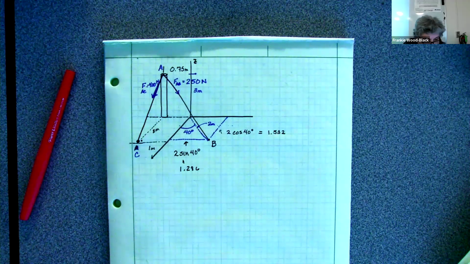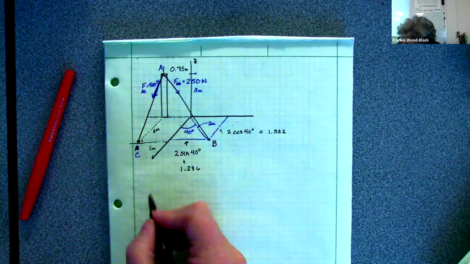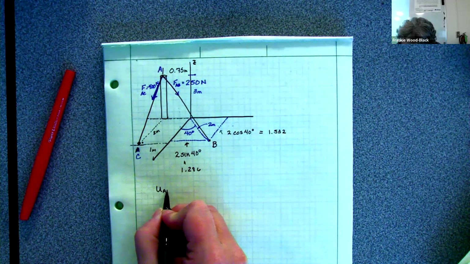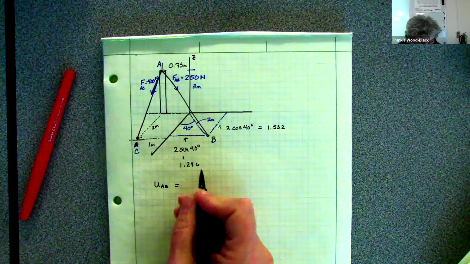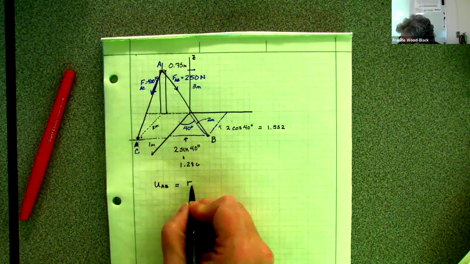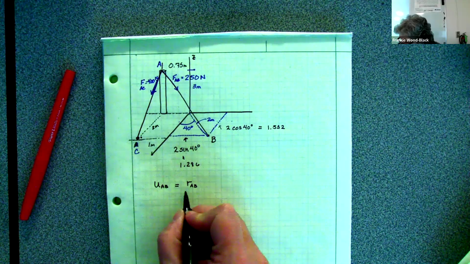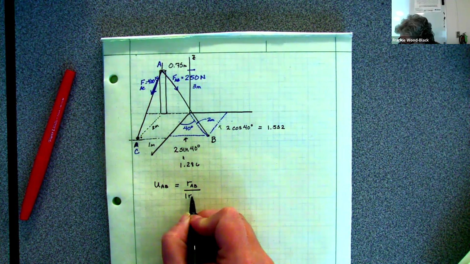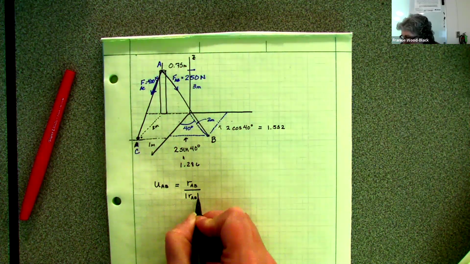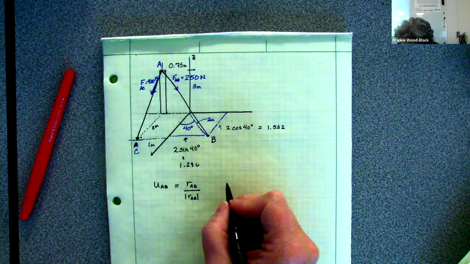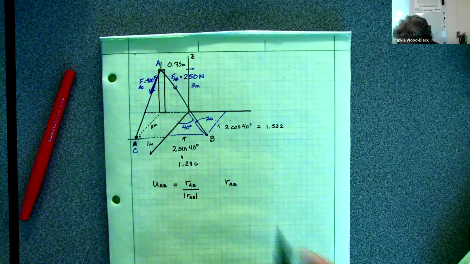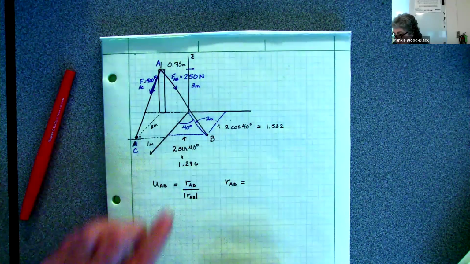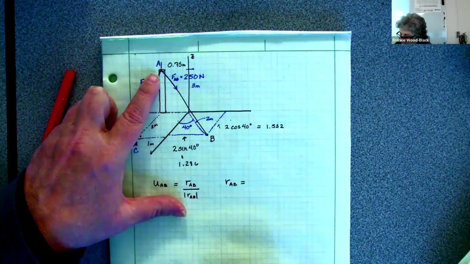So we have our units. So we want to find our unit vector AB. And remember that this is going to be RAB divided by the magnitude of RAB. So I'm going to find RAB first. So I'm going to do AB first, right?